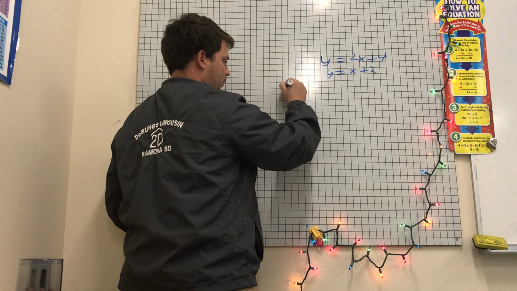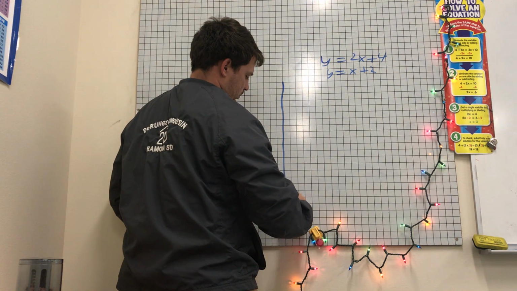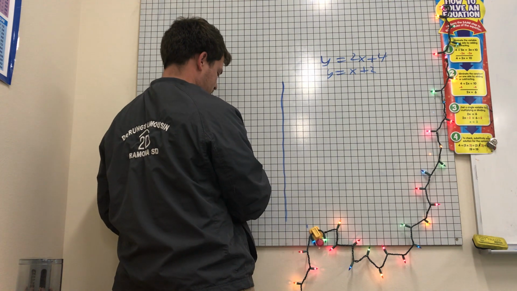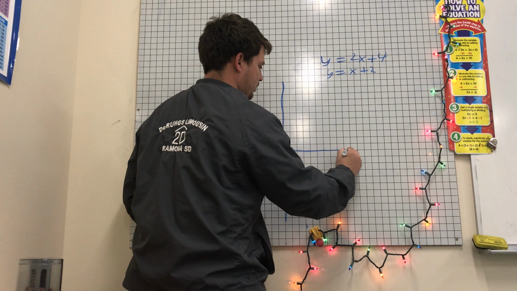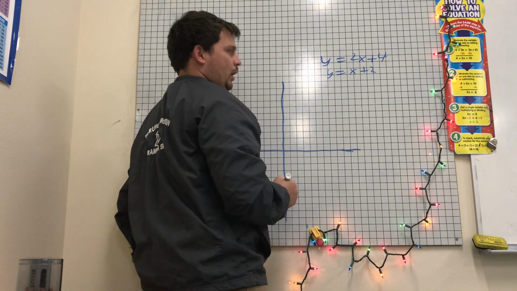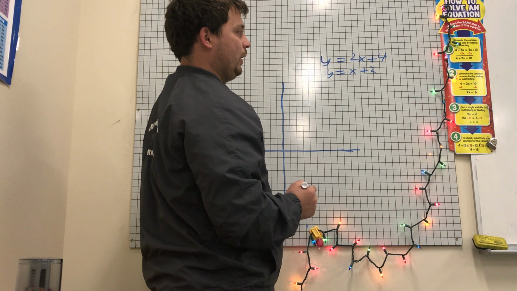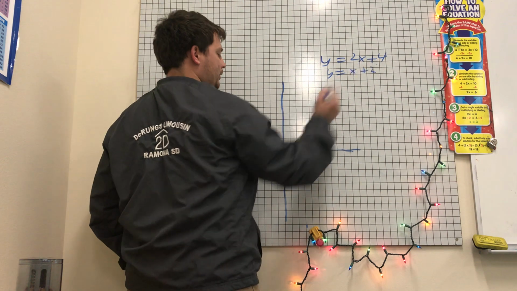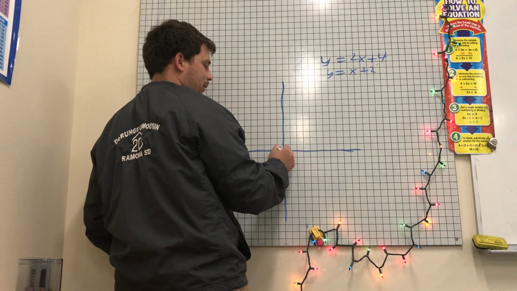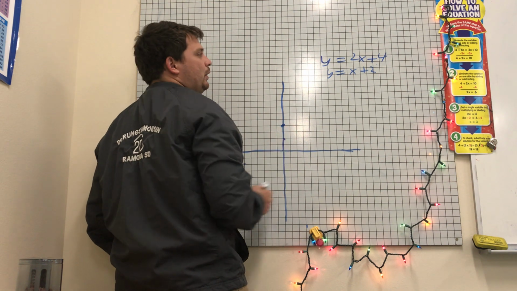Alright, so at this point, basically you get 2x plus 4. Well, the 4 tells us that we are on our y-intercept, we're going to be at 4. 1, 2, 3, 4. Okay?